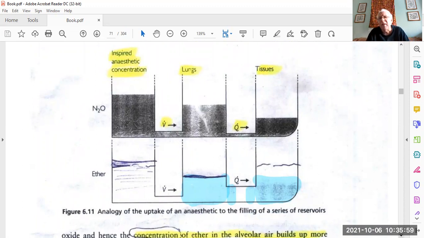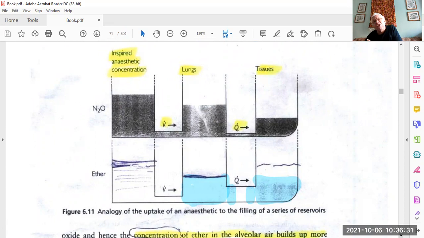oxide, 0.47, in comparison to ether, which is I think 12 point some. These three reservoirs show the inspired anesthetic concentration for both types, then the concentration in the lungs, and then in the tissue. We can see that because ether is more dissolved in blood, it's taken too much from the blood to go to the tissue.